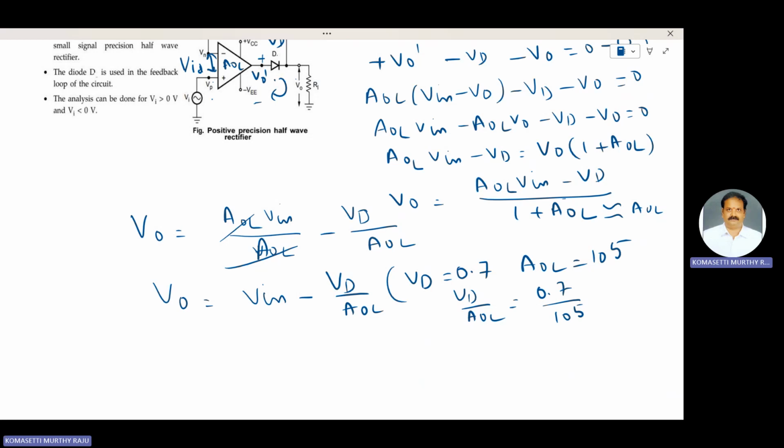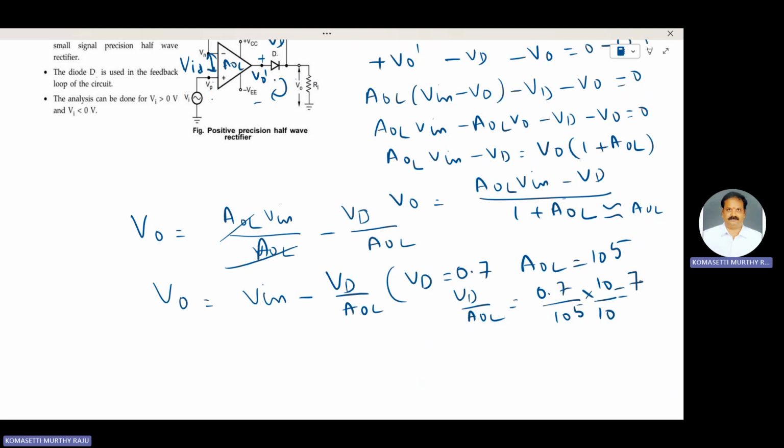Let us change this into microvolts. 0.7 by 10 power 5: the numerator and denominator are multiplied by 10, which gives 7 microvolts.